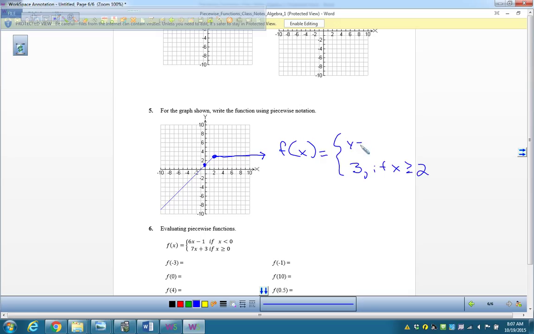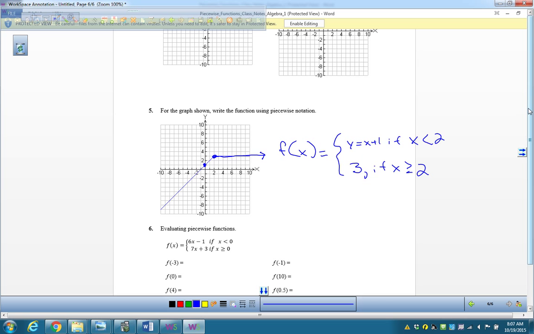Y equals x plus 1 if x is what? Less than 2. You understand that? Yeah? Okay? And that makes sense, because if I plugged in 2 in here, I'd also get out 3, so they overlap. Now I could have called this less than or equal to and this greater than, because you can't really tell which dot is shaded and which is open.